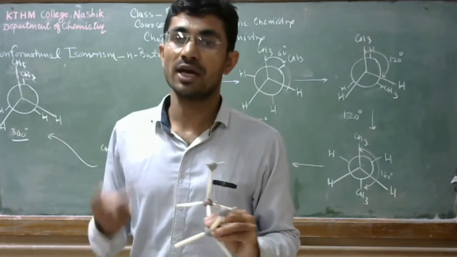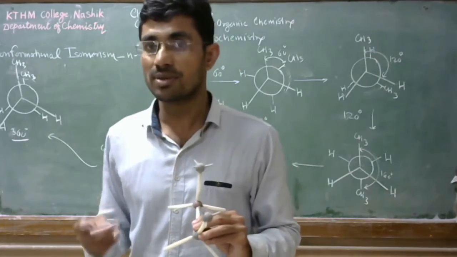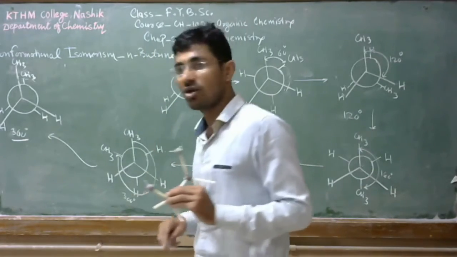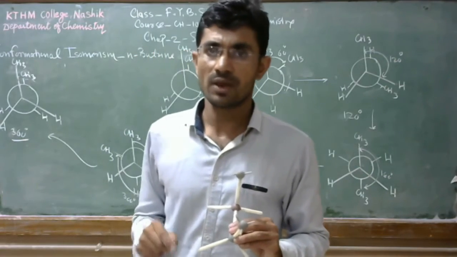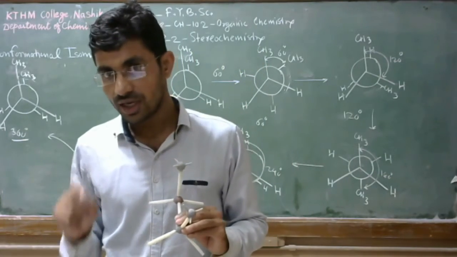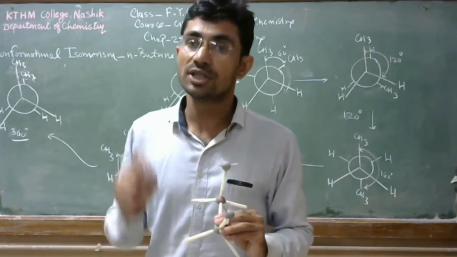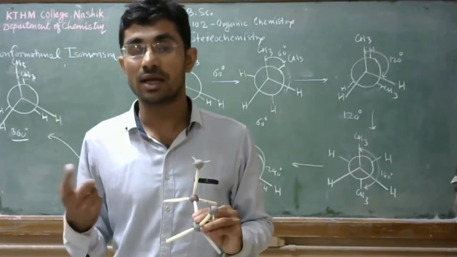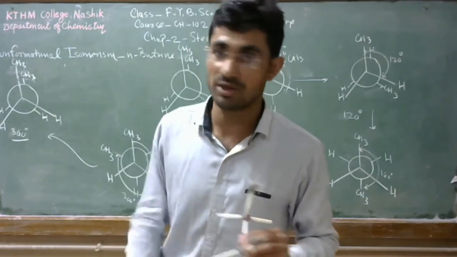In that way we can observe the two conformations, eclipse and staggered. But here we can observe four kinds of conformations. First is the fully eclipse conformation, then partially eclipse conformation, skew or gauche conformation, and last is the staggered conformation. So all these four conformations are possible here.